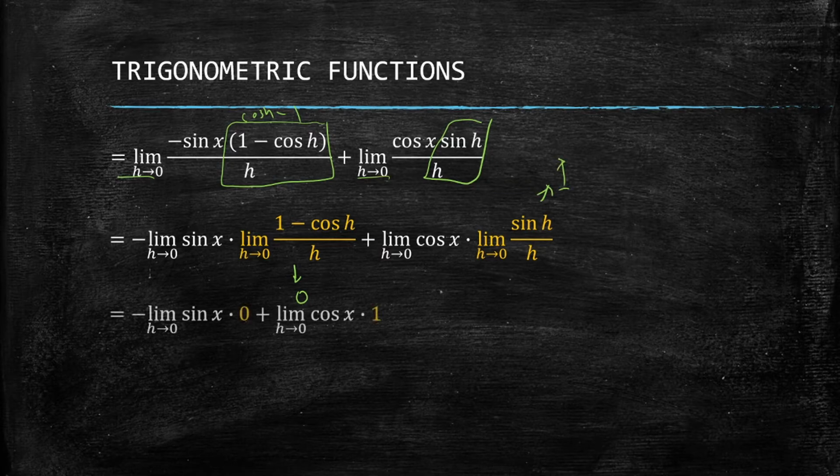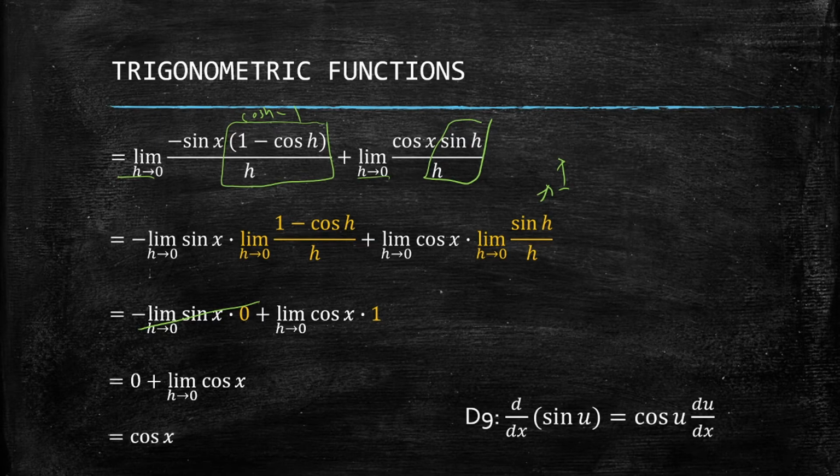So we'll have sine of x times 0 and the limit of cos x times 1. Of course, if it's 0, it's already cancelled out or gone. And then we have the limit of cos x as h approaches 0. Take note that we don't have the variable h anymore, so we simply have cos x.